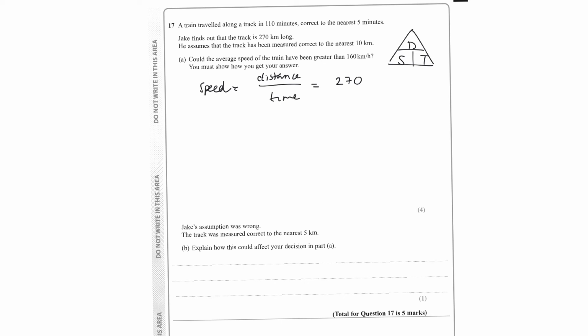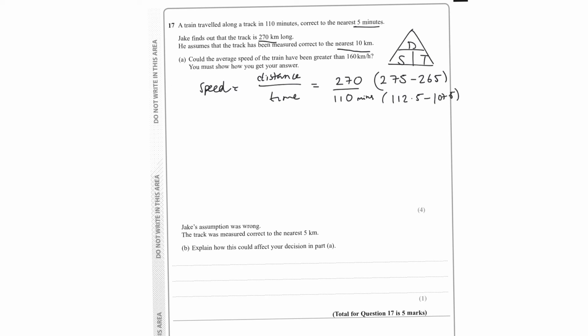However, it says the distance has been measured correct to the nearest 10 kilometers, so the distance could be anywhere between 265 to 275. And for the time, it was 110 minutes, but because it was to the nearest 5 minutes, it could be anywhere between 107.5 to 112.5 minutes.